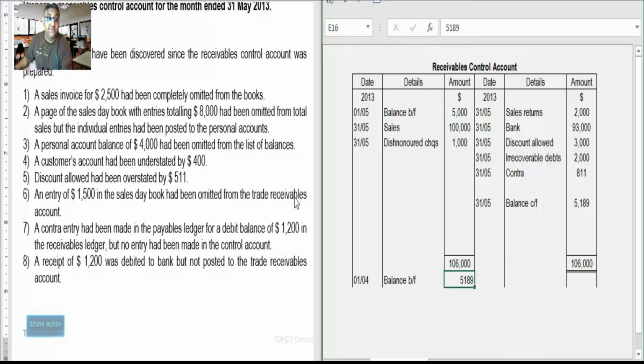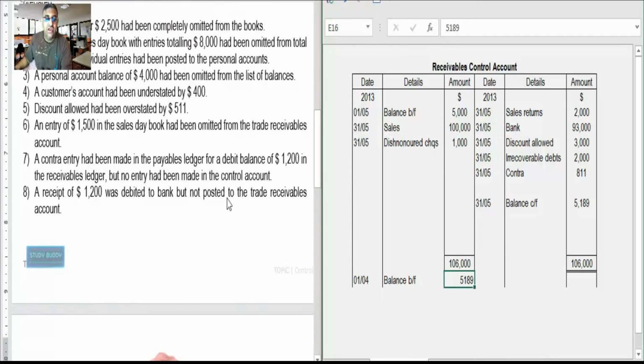Number 6, an entry of $1,500 in the sales daybook had been omitted from the trade receivables account.